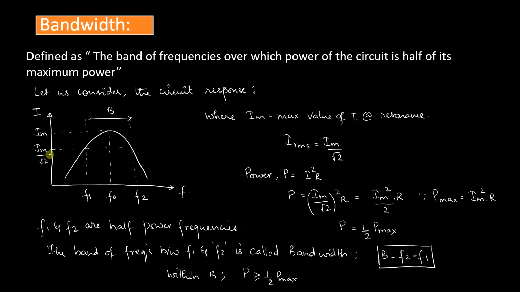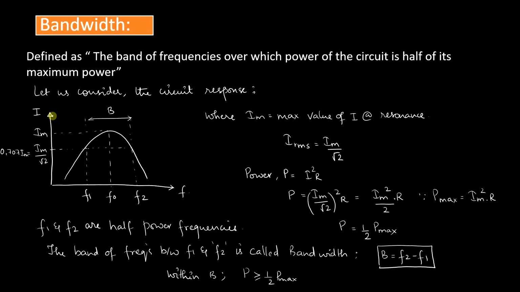Now this Im by root 2 can also be represented as 0.707 into Im, because if you calculate 1 by root 2, you will get 0.707, and Im is kept as it is. We can also represent this in terms of the logarithmic scale.